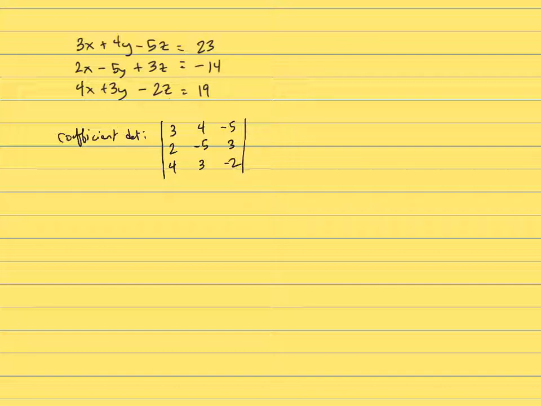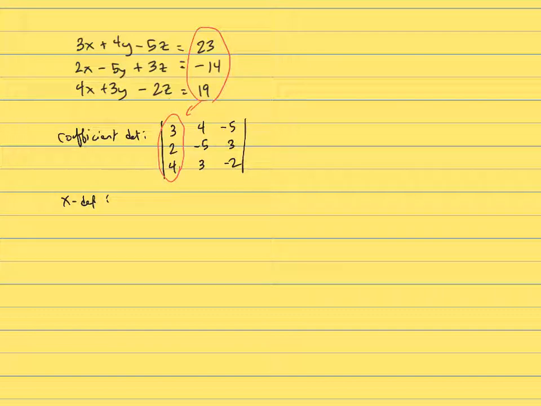So then I would build my variable determinants. So my x determinant, you find that by taking this coefficient determinant, but in place of the x coefficients here, you put the answers.